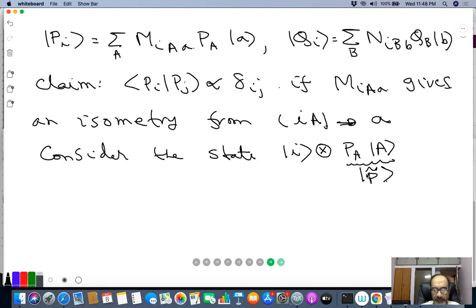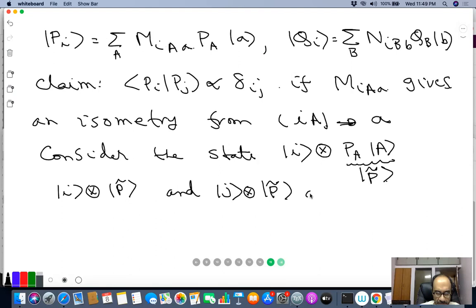So if we take I and J, these are obviously orthonormal. So I times p tilde and J times p tilde are orthonormal. Now let's see what it maps to.